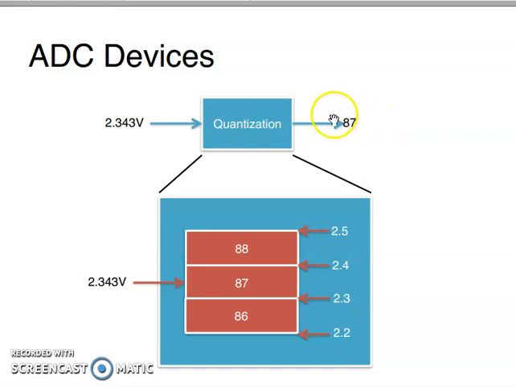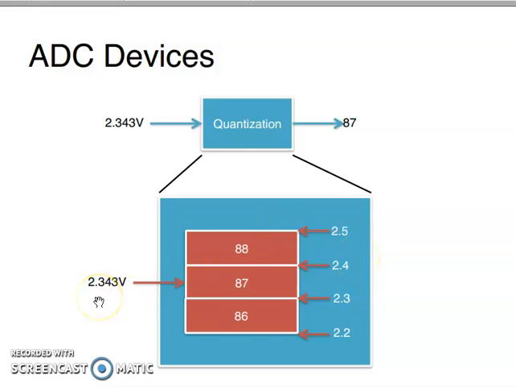Here, 87 is just an example, a decimal number for the digital value converted by the ADC module. If we zoom in inside this block, recall that we have many quantization levels, in which the step size for each level in this case is 0.1 volt, for example.